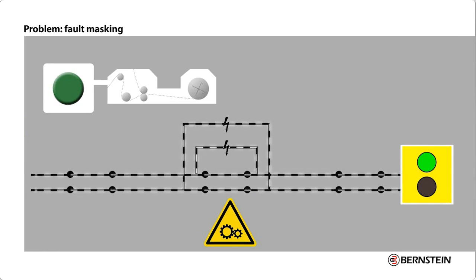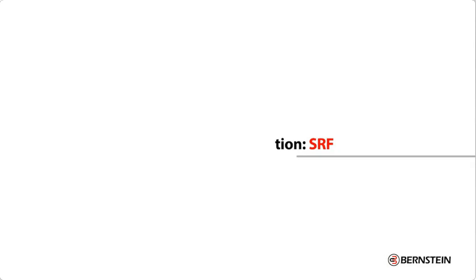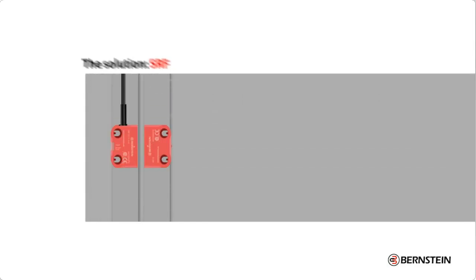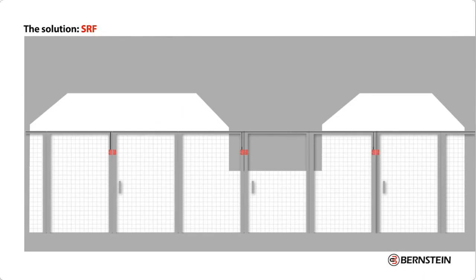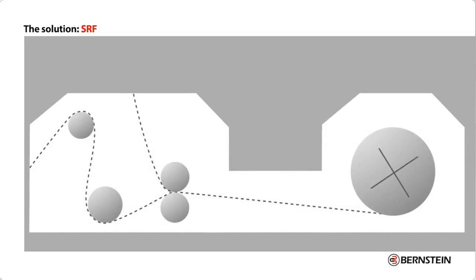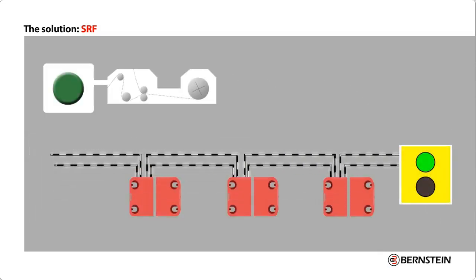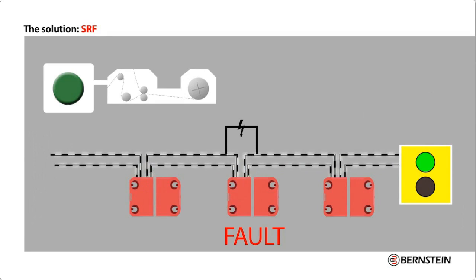A problem that Bernstein eliminates with its smart safety sensor, SRF. The SRF is the electronic solution with self-monitoring electronic outputs. The SRF sensors recognize at all times if there is a wiring error or not. If an error occurs, they switch off the system in a controlled manner.